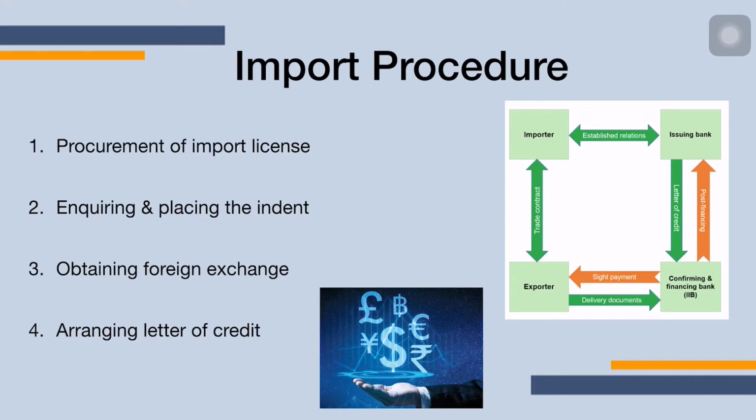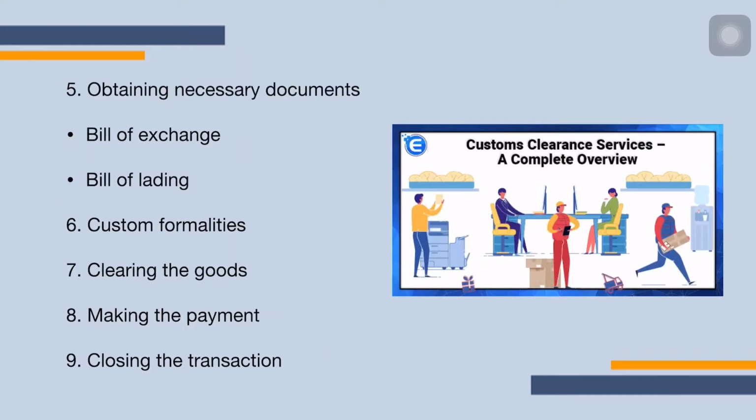In the exporter's country, there has to be a bank that confirms that the letter of credit is genuine, a trustworthy one. It's not a fake document or a fake promise. It is a genuine one. So the importer has to arrange for a letter of credit.